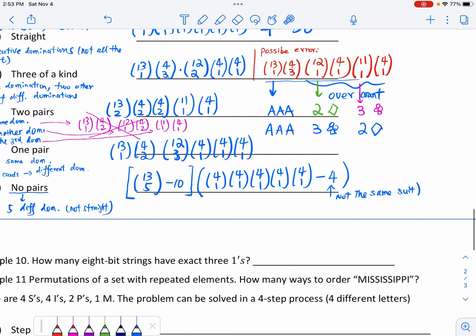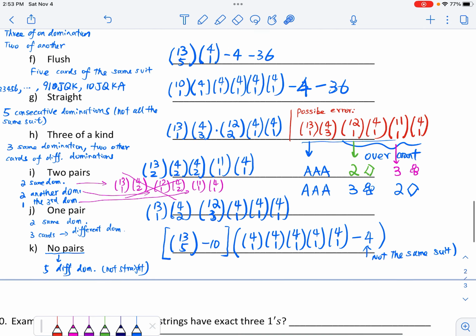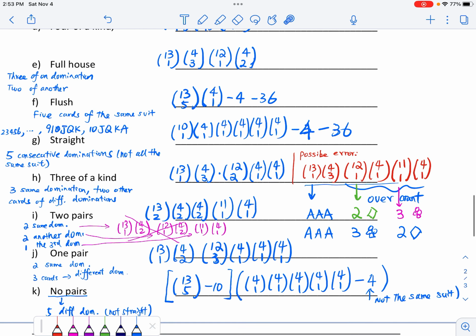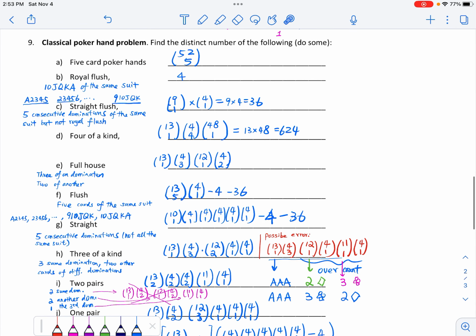Therefore, this times this will give you how many no pairs. All right, this is a very classical problem. I feel like if you are able to do all of this, you have a very good understanding of this type of counting problem.